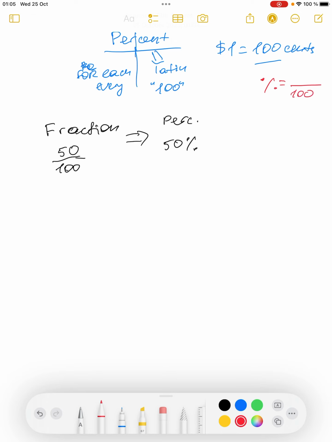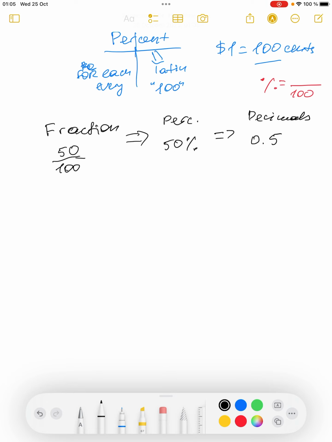It just helps us to write it more efficiently, right? So you can also convert it into decimals. So 50% is 0.5. And let me show you why.